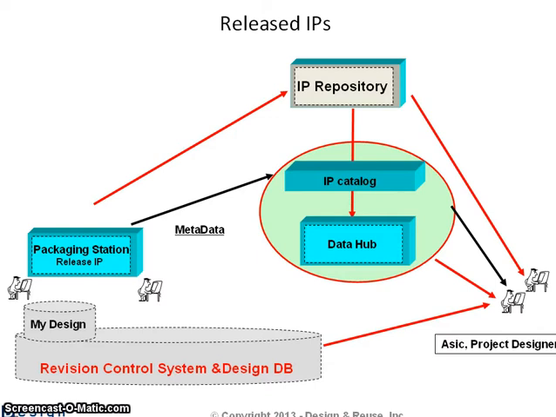Or in the middle, you can extract and put on a server when the external designer wants to get this IP and is not a regular user of the design DB. He can, at a given point, ask for extraction of this IP catalog, and get it through the server. So three architectural choices are possible and included in the tool features.